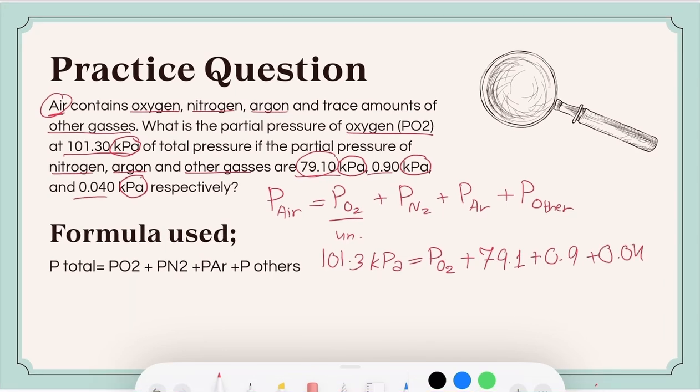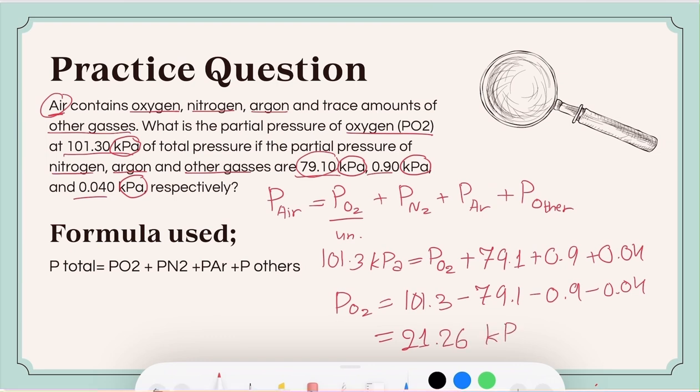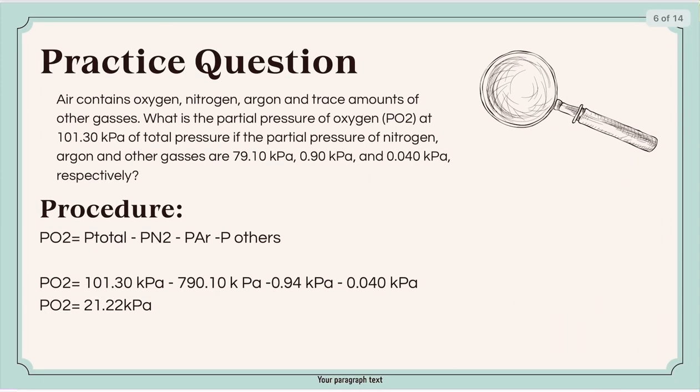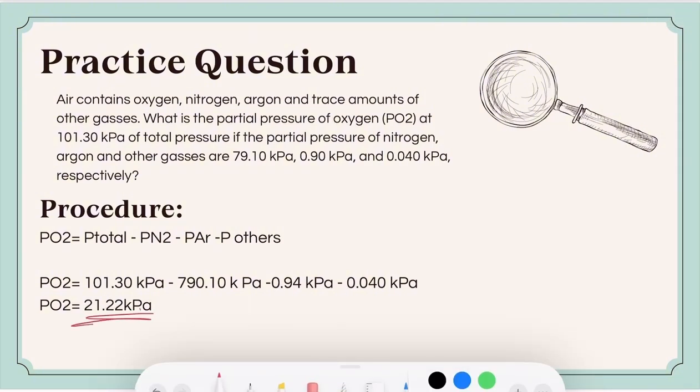Now, to solve this, we just use a calculator to find the partial pressure of oxygen, which is going to be 101.3 minus 79.1 minus 0.9 minus 0.04, or it's going to be 21.26. What's the unit? Kilopascal. And this is your answer.